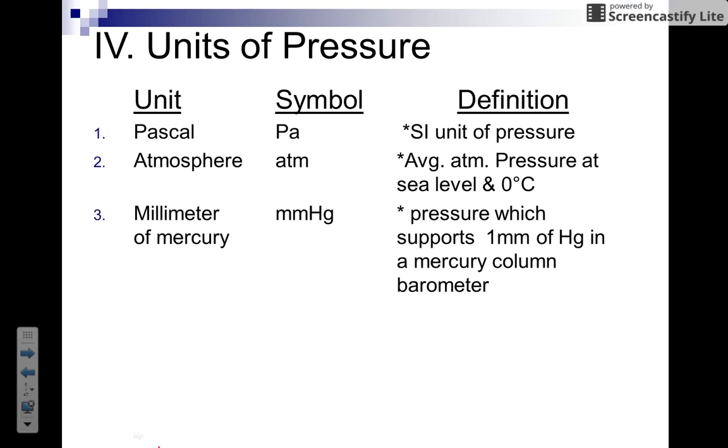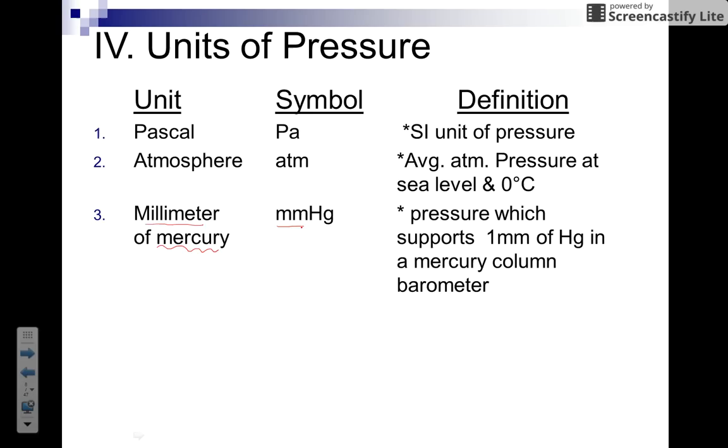The third unit of pressure is known as millimeters of mercury. Now, millimeters is a unit of measure, and if you remember back to the last lesson, I showed you the very first barometer and told you it was designed by Evangelista Torricelli. Well, his tube that he had inverted in the dish was marked off in millimeters, so we use mm for millimeters. And then mercury was the liquid that he had in the dish, so Hg is the symbol for mercury.